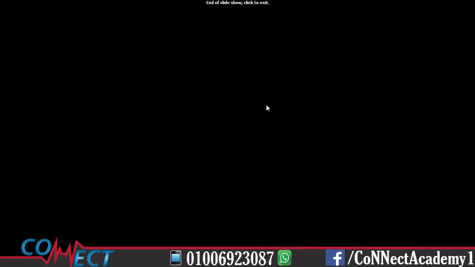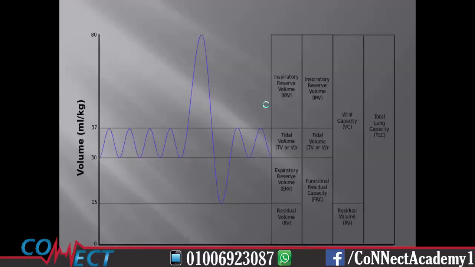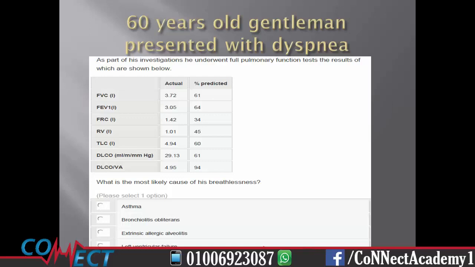Okay, let's return to the question. So to solve this question, first of all, the vital capacity is 61% of the predicted. There is reduction in the vital capacity. The forced expiratory volume is also reduced. It is 64% of the predicted.